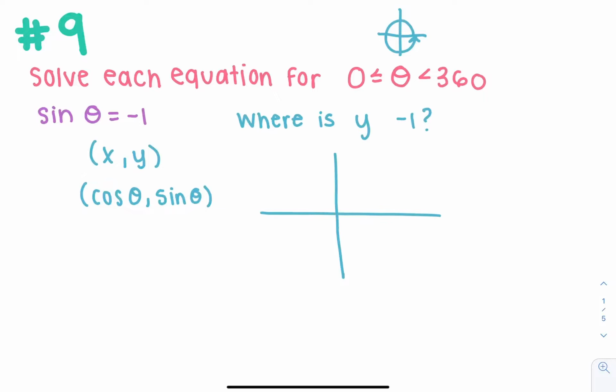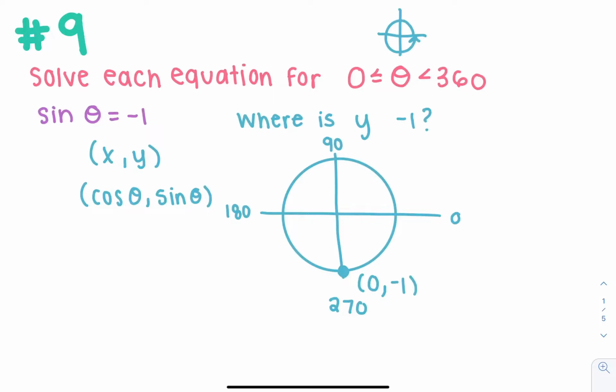If we think about our unit circle, and we think, where is y -1? Well, that happens down here at this point, which is (0, -1). If we think about 0, 90, 180, 270, it only happens one time. That happens at 270 degrees. So theta is 270 degrees.